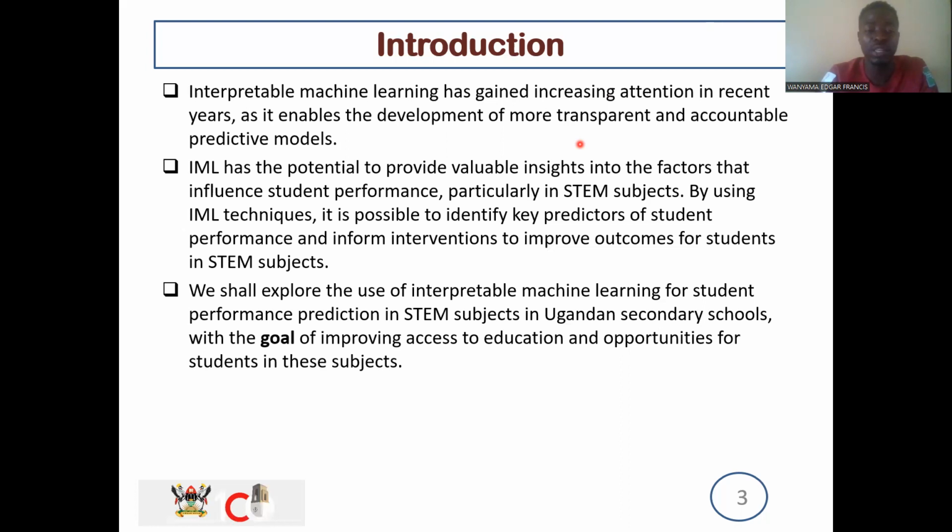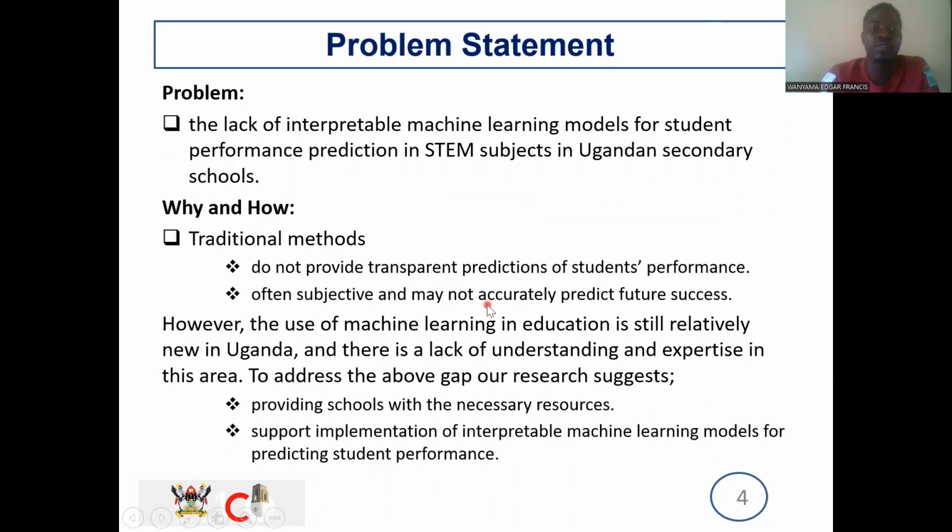So we shall explore the use of interpretable machine learning for student performance prediction in STEM subjects in Ugandan secondary schools, with the main goal of improving access to education and opportunities for students in these subjects, the STEM subjects.